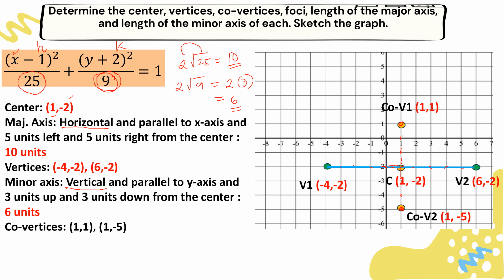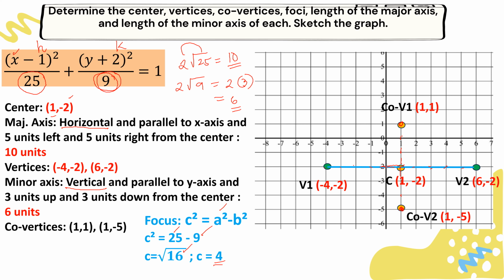The next one is the focus. Our a squared is 25 and our b squared is 9. What is 25 minus 9? It's 16, and the square root of 16 is 4.